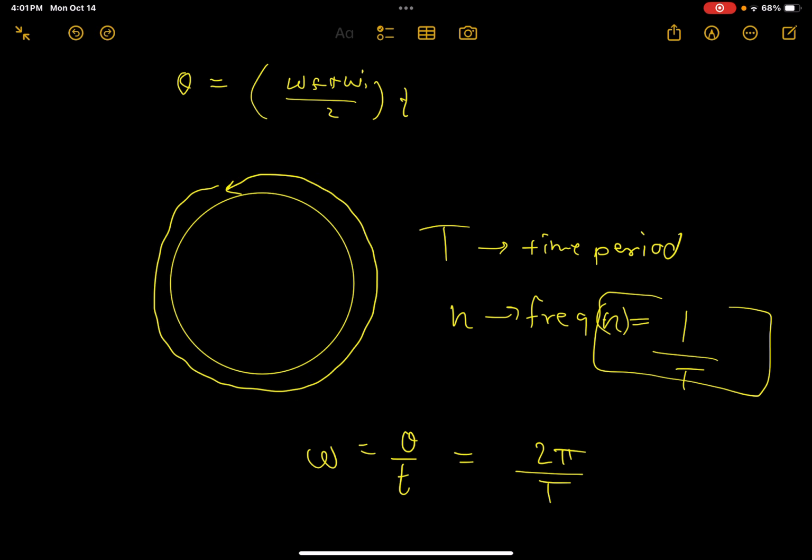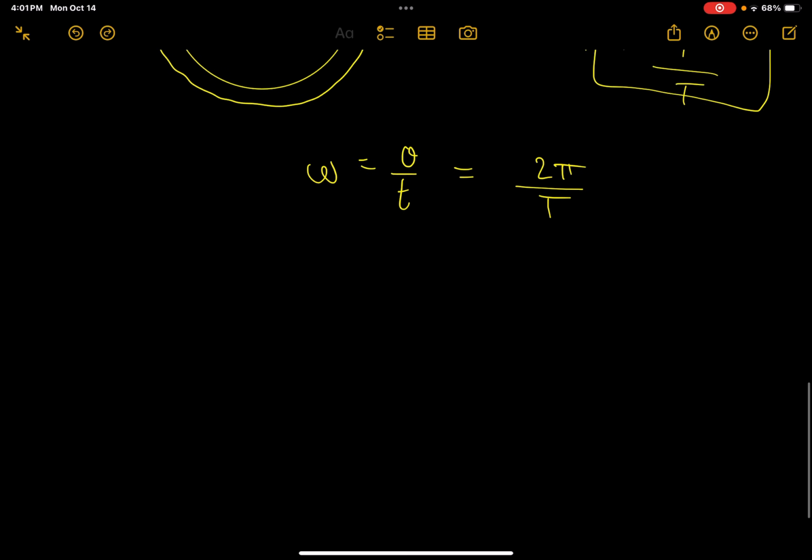If it takes half a second for one revolution, then it will obviously take 2 rotations in 1 second. So this is also equal to 2 pi n.